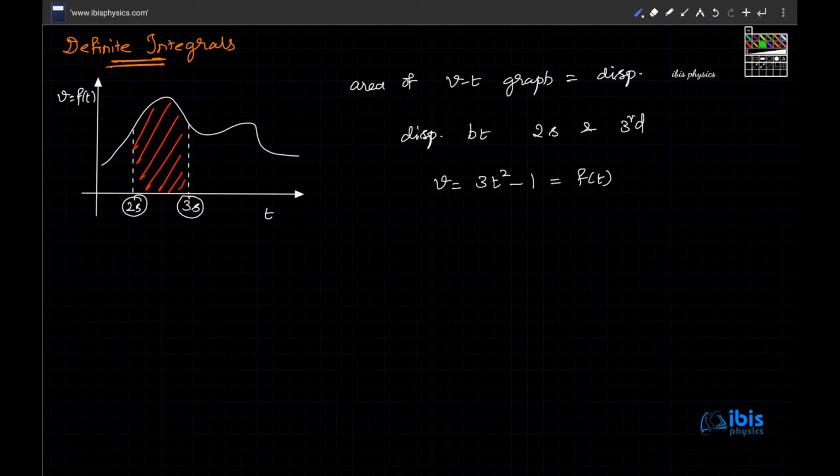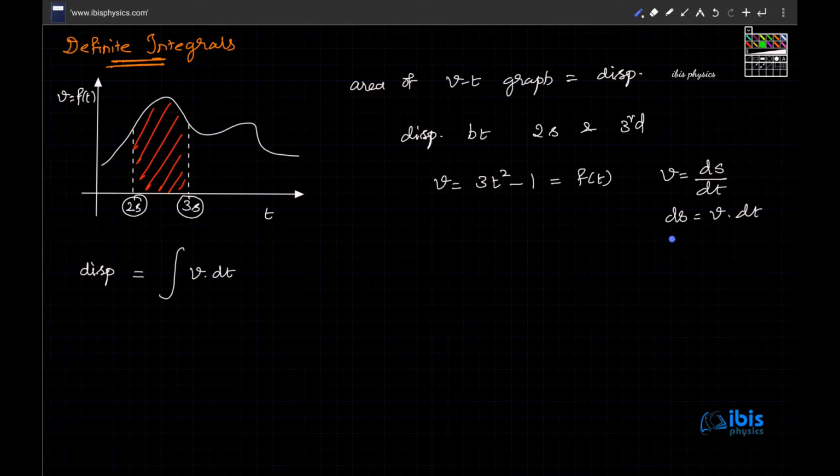In order to do that, the same integration will take this form. The displacement of the object is equal to the integral of velocity into dt, because we know that velocity is equal to ds by dt, and so displacement is equal to velocity into dt.